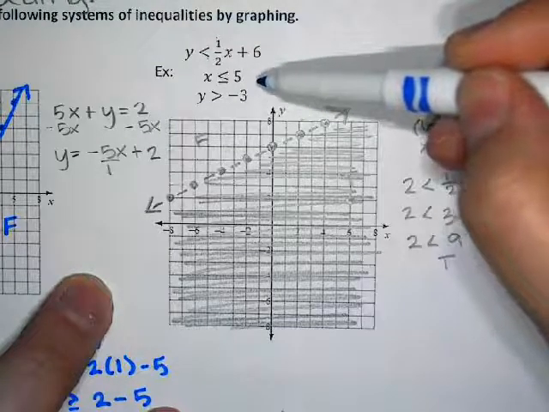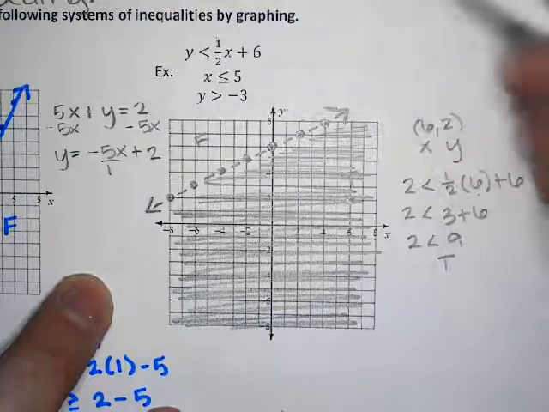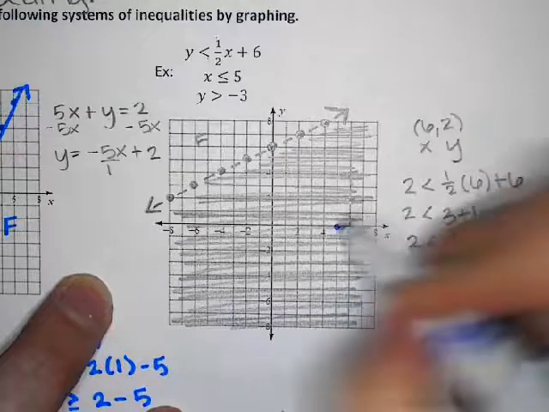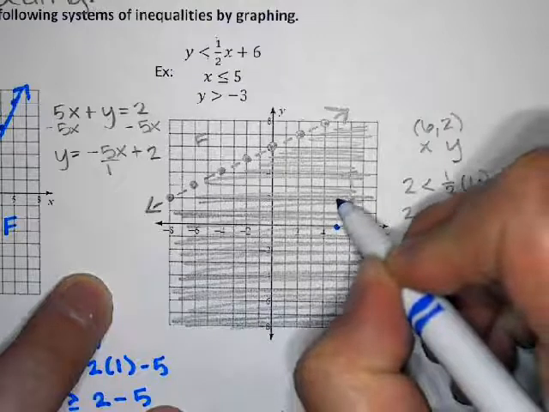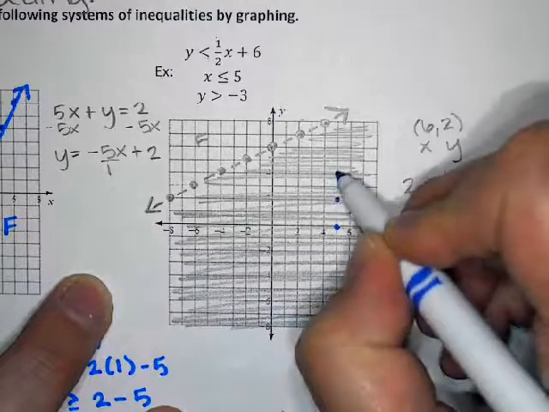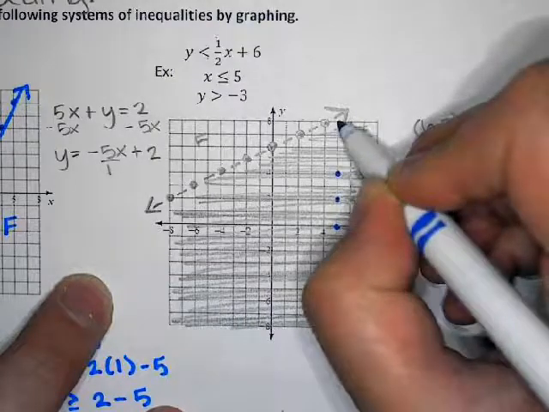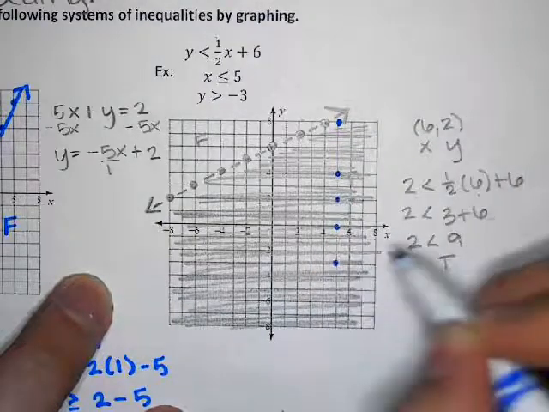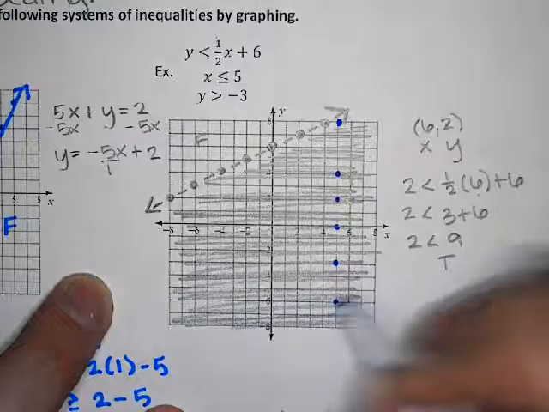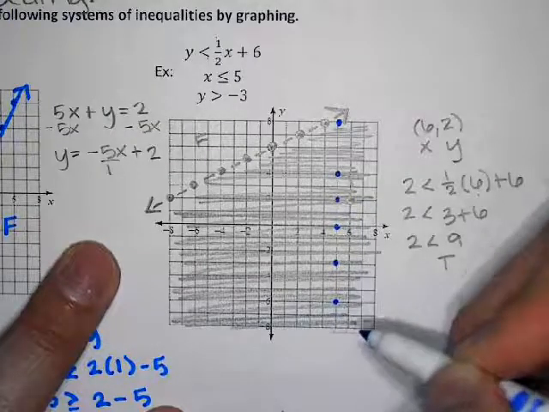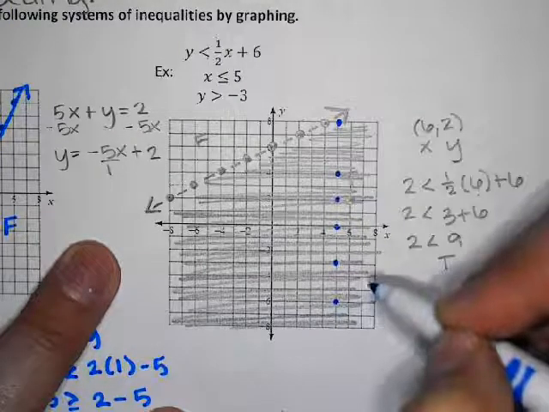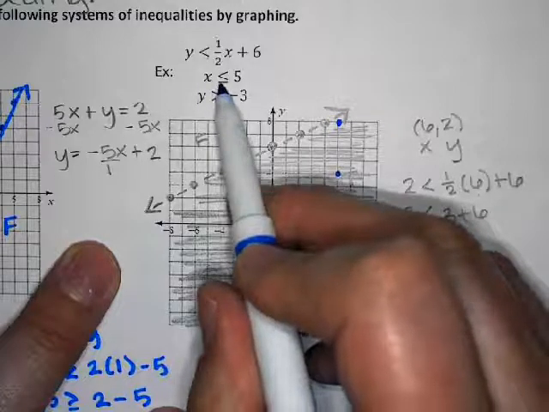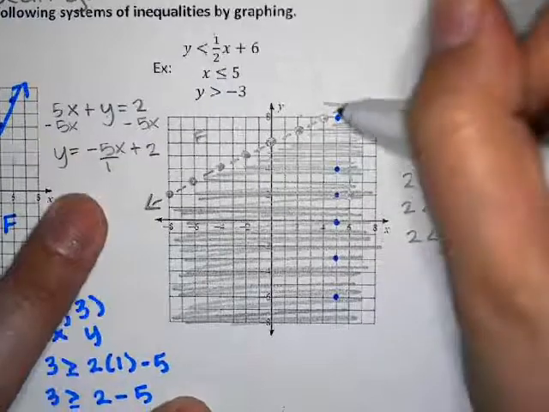So I have the points (5, 0), (5, 2), (5, 4), (5, 8), (5, -3), (5, -6), all of those points. So it makes a vertical line. And now it's got an equal to, which means we have a solid line connecting those dots.